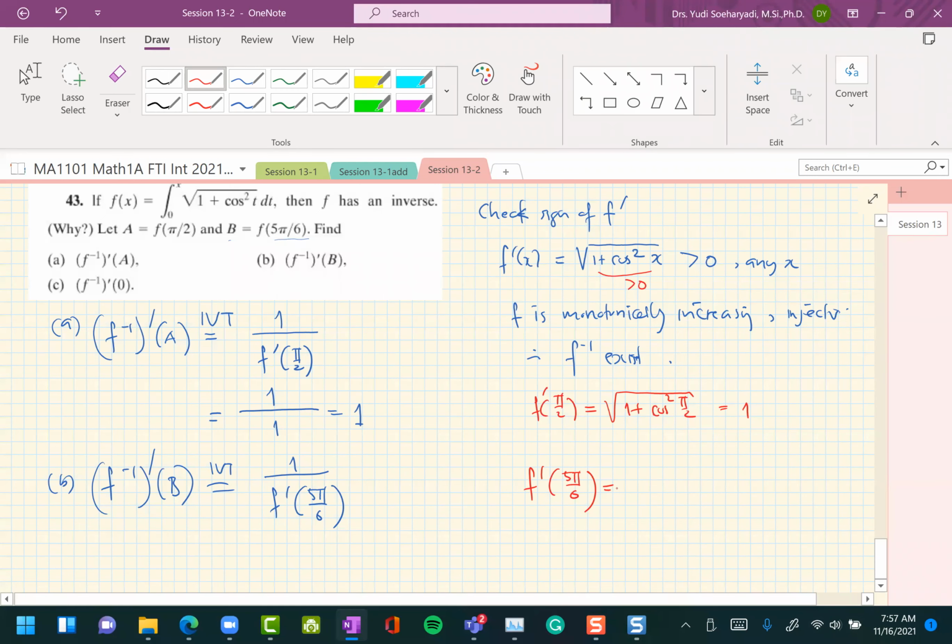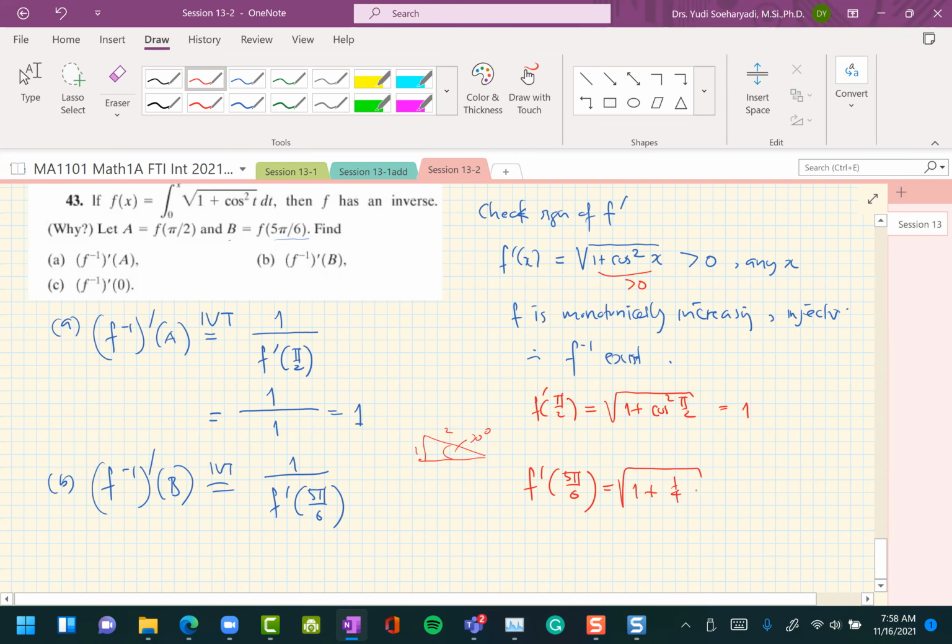You can check the calculator. 150. Okay, so then this gives you, if this is 1, this is 2, this is 1/2, negative, so positive 1/2.